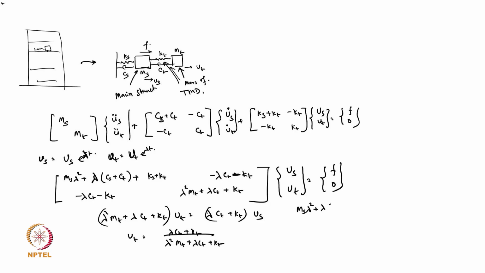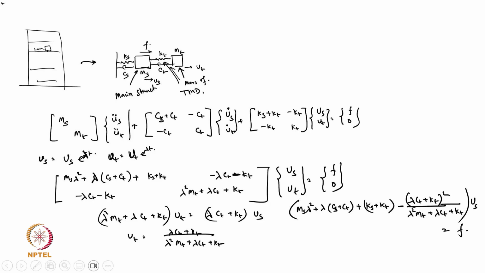Ms lambda square plus lambda cs plus ct plus ks plus kt, minus lambda ct plus kt whole square divided by lambda square mt plus lambda ct plus kt, into us, that should be equal to force. Okay, any problem up to that?